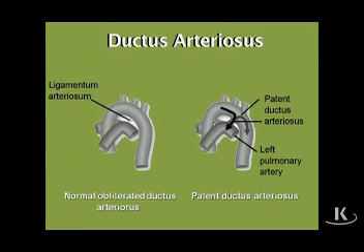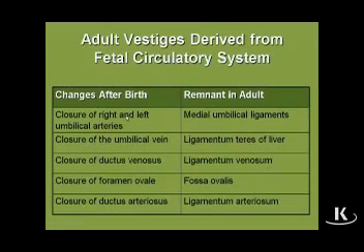Normally, after the ductus arteriosus is closed, what's left is called the ligamentum arteriosum, and it's a landmark that can be identified in the adult but no longer has a functional significance. So to summarize, the structural changes that occur at birth are that we get closure of the umbilical arteries, and the adult remnant is called the medial umbilical ligaments.